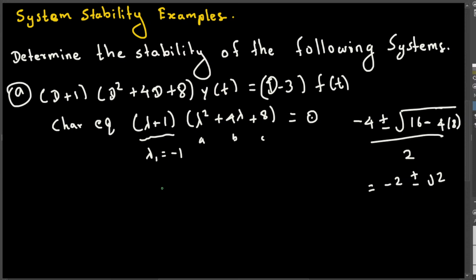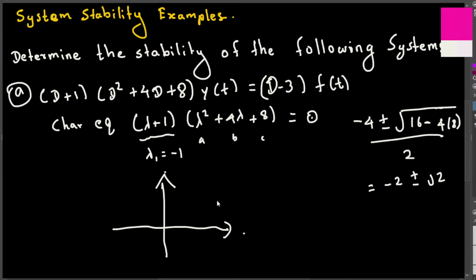So if we plot these roots on the graph, first we have negative one. This is the real axis and this is the imaginary axis. For this one, we only have the real number, at negative 1. Then for the other roots, we have a real and an imaginary part. The real part is negative 2, and the imaginary part is positive 2 and negative 2.